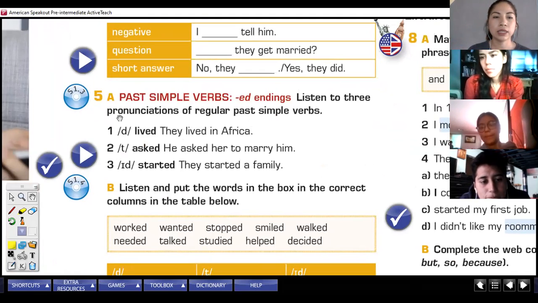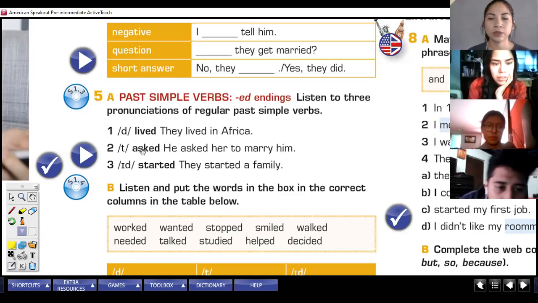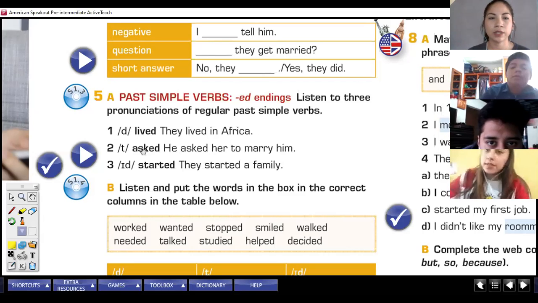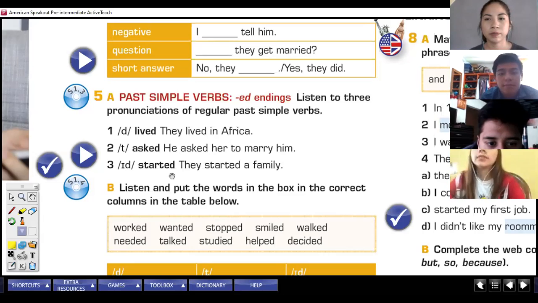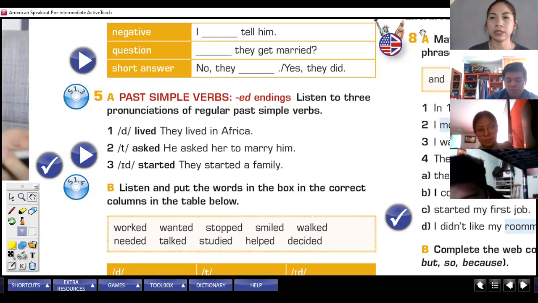In number 1, can you read it? Live. Okay. What about number 2? Ask. Okay. And number 3? Start. We're going to listen and repeat, please.